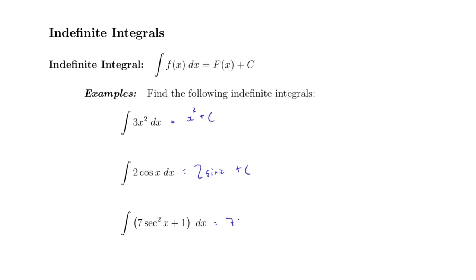That's going to be 7 tan x plus c. If we don't include the plus c, then all we've done is found a specific antiderivative, but we want the whole family here. So make sure that we always include that constant of integration to represent the fact that this is really holding an infinite number of functions in this one little expression.